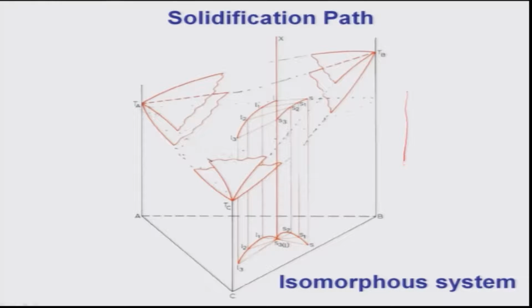So, what happens in a binary? Let me just draw. Suppose I want to discuss the solidification of alloy Xb0, correct. Obviously, I draw a vertical line like this.